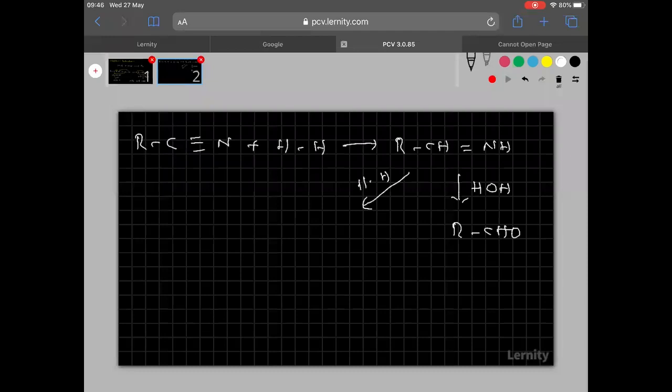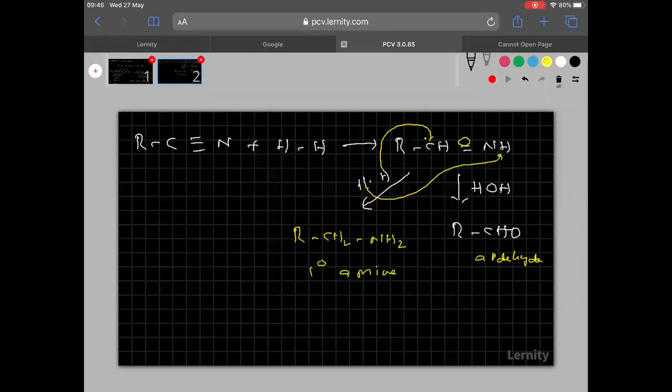So again add one hydrogen to carbon, one more hydrogen to the nitrogen, and break one more pi bond. Then R, CH2, NH2, that means primary amine is formed here. Previously I told you aldehyde is formed here.